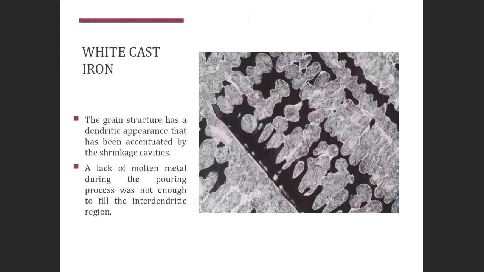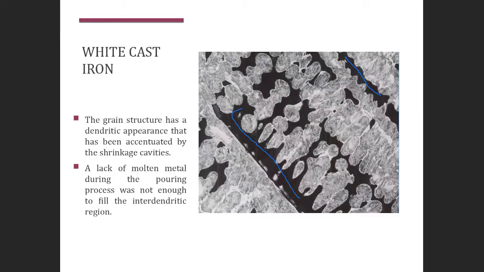And I start off with a white cast iron just to show that a lot of shrinkage porosity, okay, which is identified as all these dark regions here. All of this is where there was an inadequate amount of metal to fill those voids to create one solid piece. So you end up with a bunch of shrinkage in between the dendritic structure.